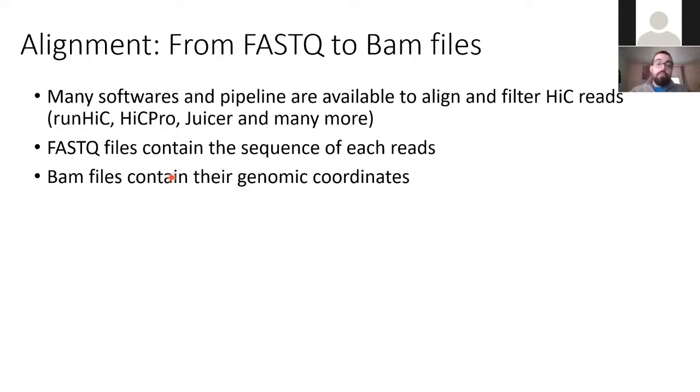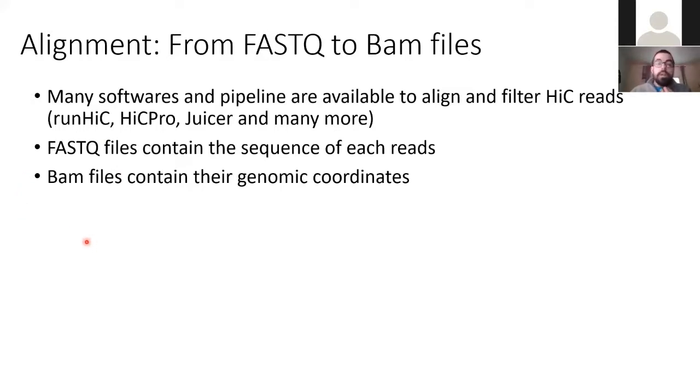So if in the FASTQ file you have ATC, GGC, then you align it, and the BAM file is going to say it's on chromosome 1 from 100 to 200, and the other end is on chromosome 1 from 500 to 600. So it's going to give you the coordinates.